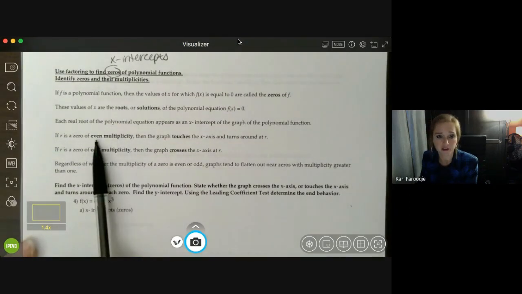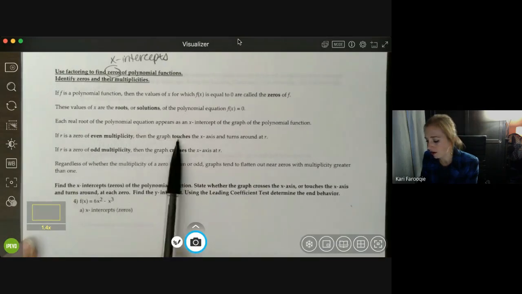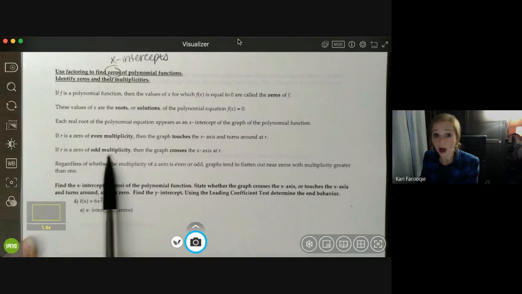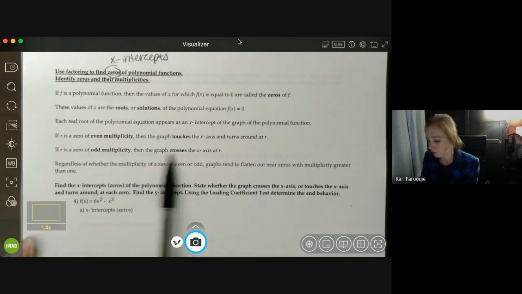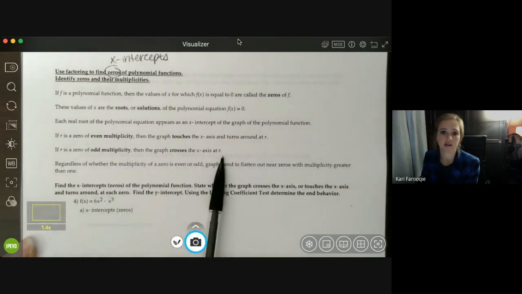If the multiplicity is even, 2, 4, 6, 8, you're going to say that at that zero, the graph touches the x-axis and turns around. If r is a zero of odd multiplicity, then the graph crosses the x-axis at that zero.